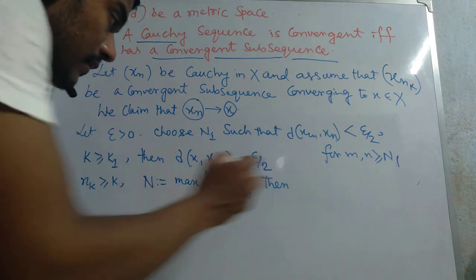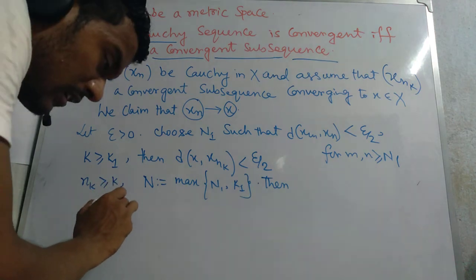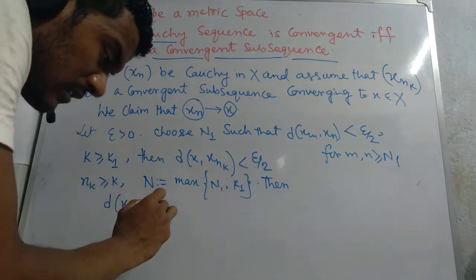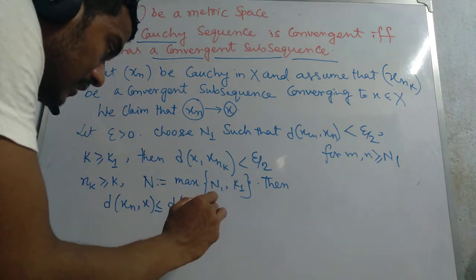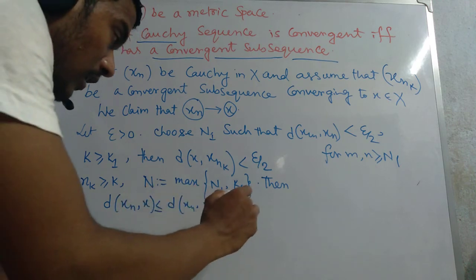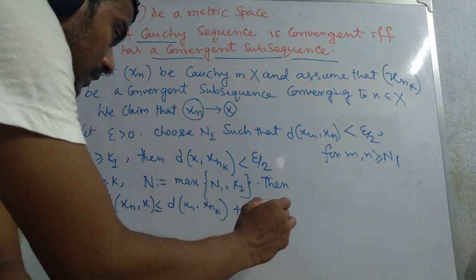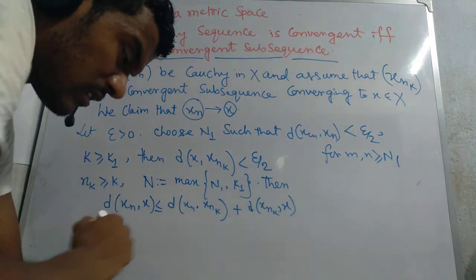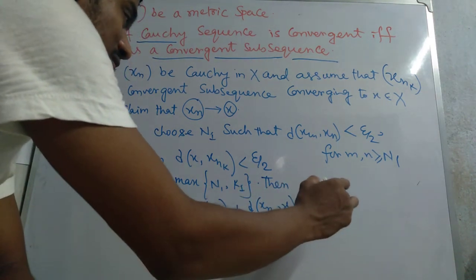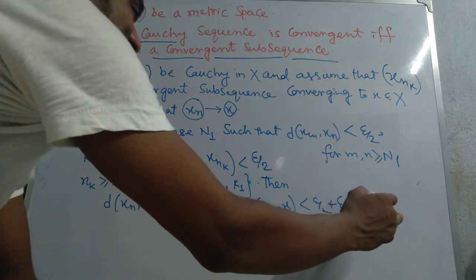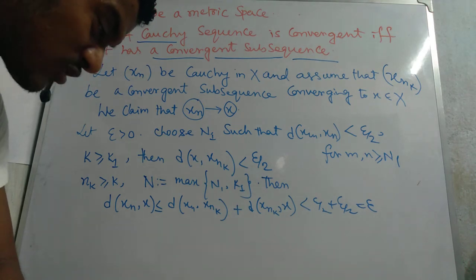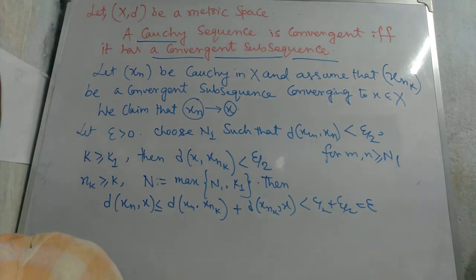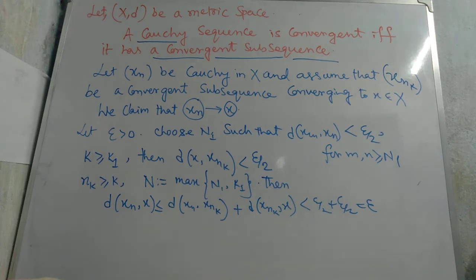Then d of xn, x is less than or equal to d of xn, xnk plus d of xnk, x, which is less than epsilon by 2 plus epsilon by 2, equal to epsilon. So we showed that xn is convergent.